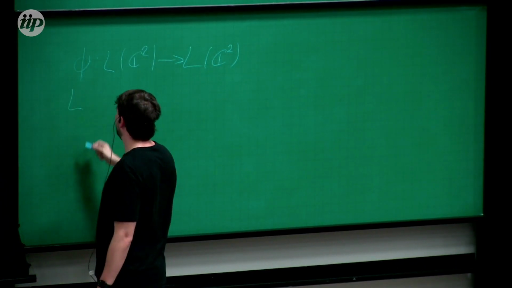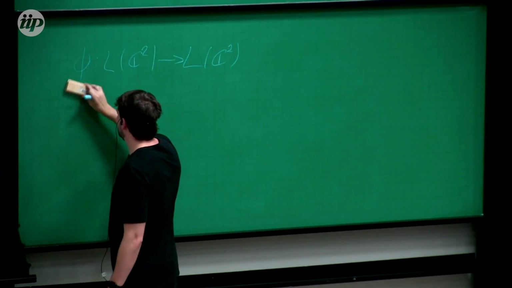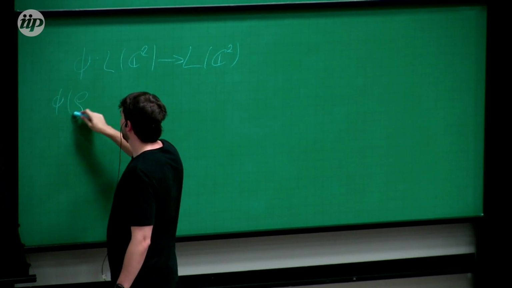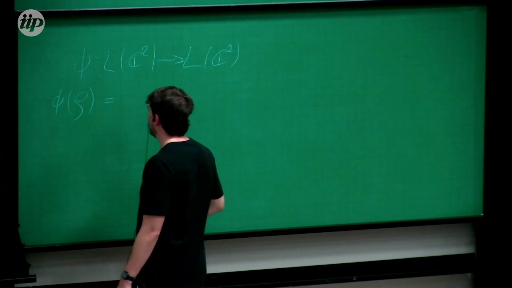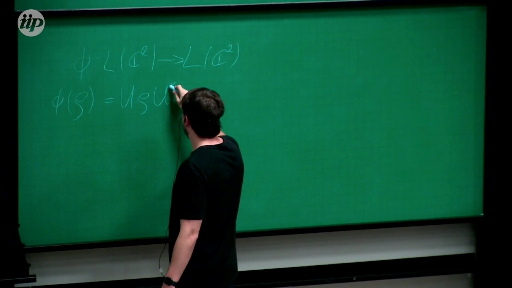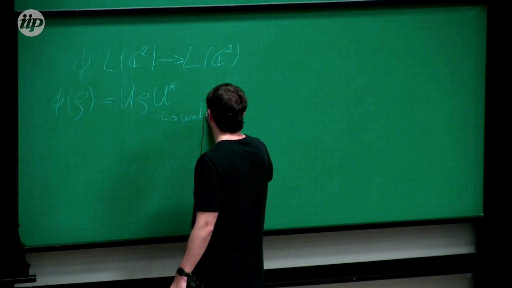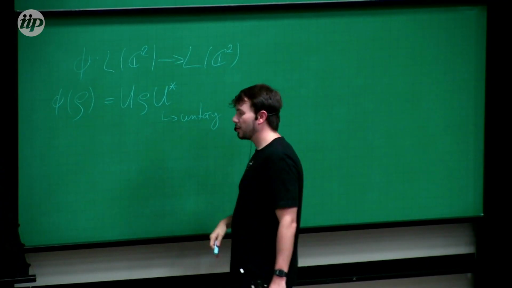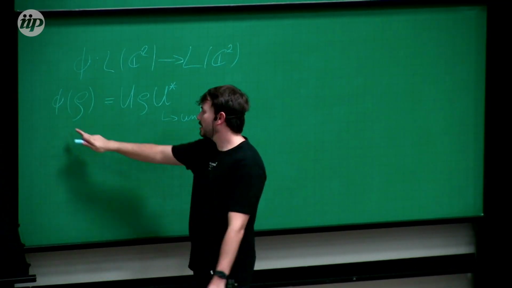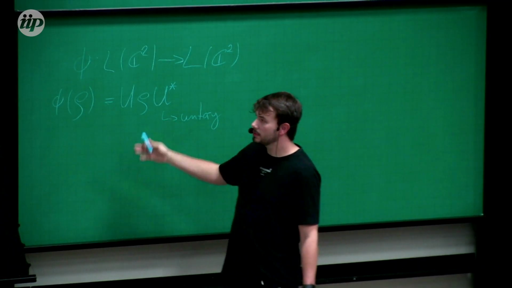Then I define phi of rho to be, for instance, just the conjugation with a unitary. Pick your favorite unitary, Pauli X, Pauli Z, whatever. So this is a quantum channel.